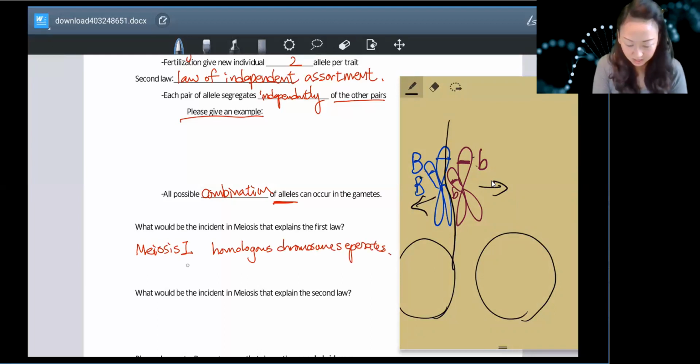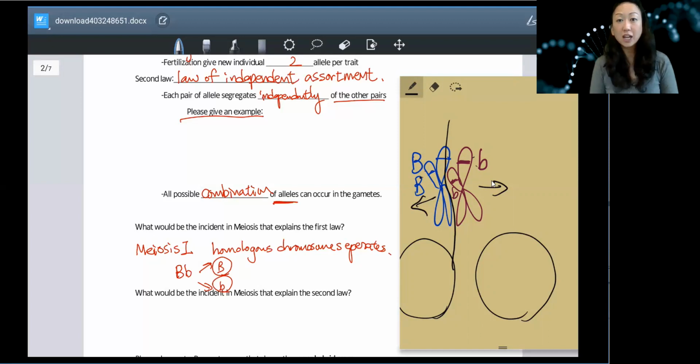And that's when alleles of the same gene separate, okay? So what I'm doing here is trying to relate the law of Mendel back to what you have already learned in meiosis. Now let's talk about the second law.